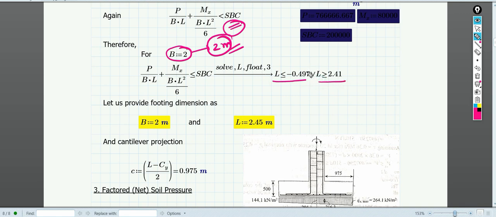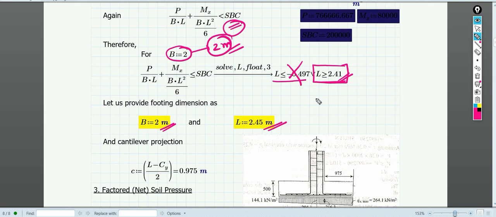One is minus 0.497 meter and one is 2.41 meter. As the negative value is not possible, the length is 2.41 meter. It should be more than 2.41 meter. So let us assume that the length is 2.45 meter and the width is 2 meter. This is our assumption.